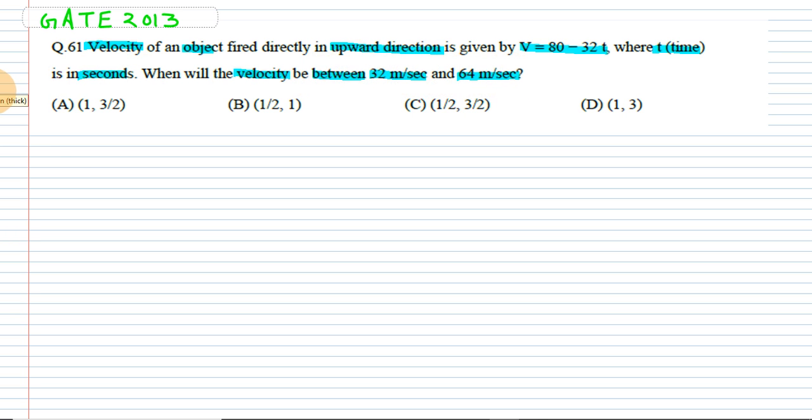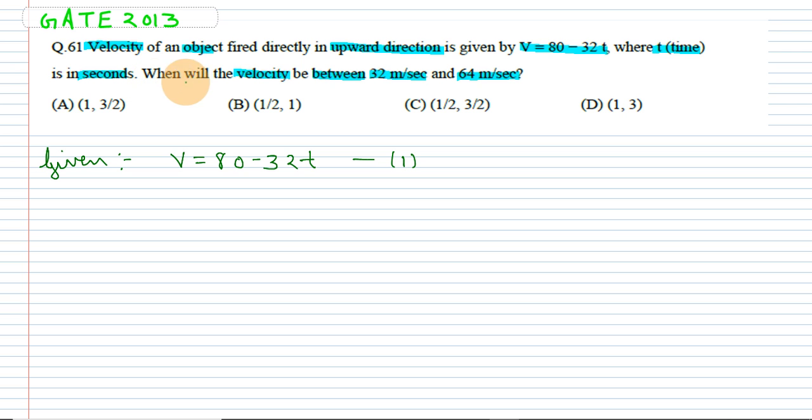Okay, so in the question they have given one equation, that is the velocity v equals 80 minus 32t, where t is time. Let this equation be equation 1.